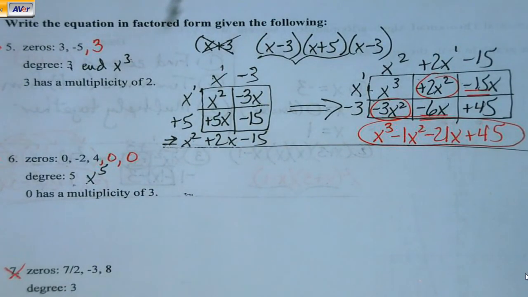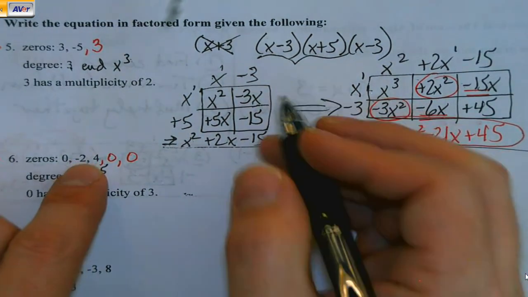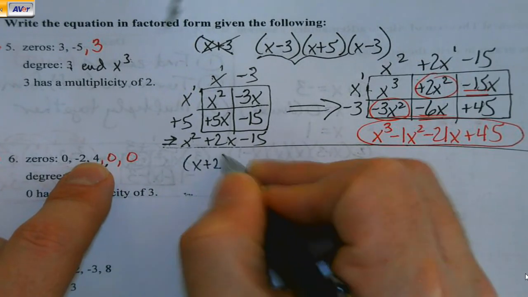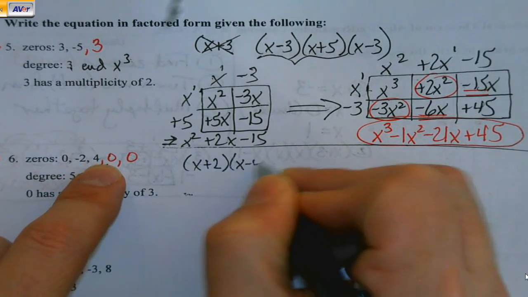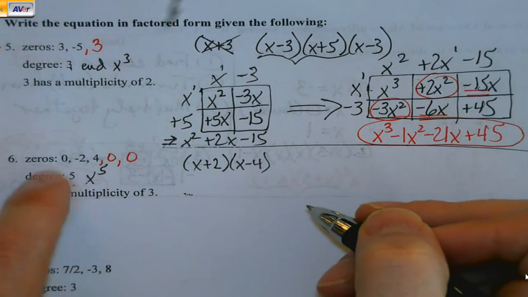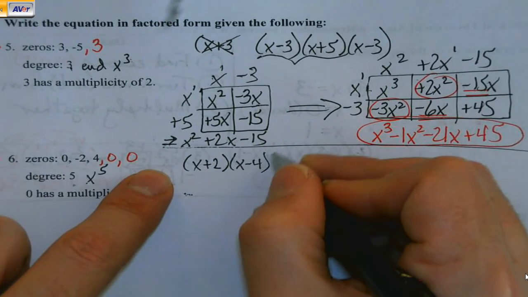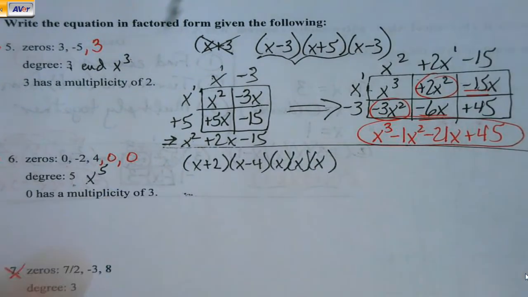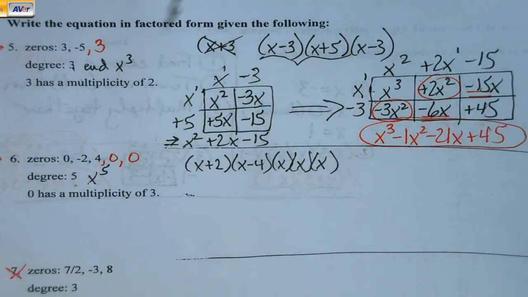And you're like, what's so great about that? Well, if I look at my other 2 that aren't 0, I'd have x plus 2, x minus 4. But then the other 3 are just x's.